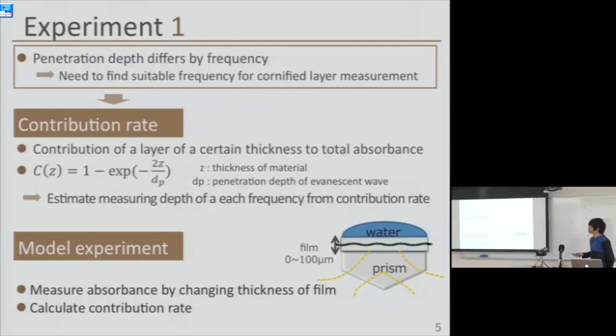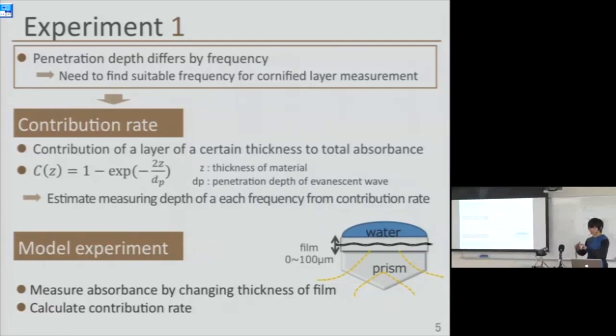The contribution rate is the contribution of a layer of a certain thickness on the surface of the prism to the total absorbance. The contribution rate is calculated by this equation, and by calculating it, we can estimate the measuring depth of each frequency.